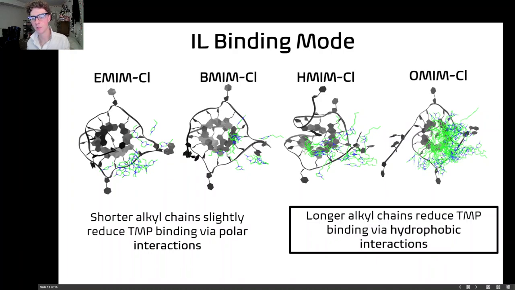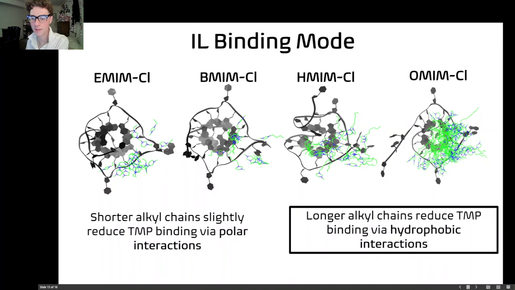Once you get to the two on the right, HM-ion and OM-ion, the alkyl chain length increases to an extent that it can actually start to overlay across the top G4 layer, forming a hydrophobic barrier. This is explaining why TMP cannot bind here.